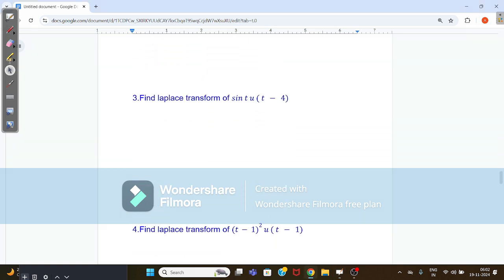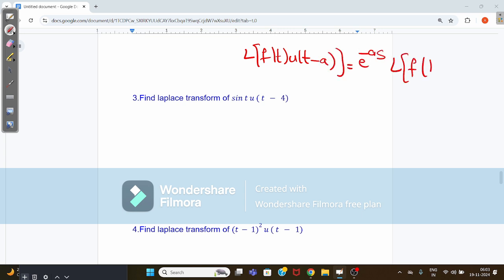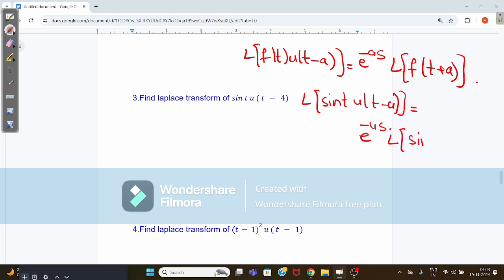Find the Laplace of sine t u of t minus 4. The formula used is L of f of t into u of t minus a, which can be written as e power minus as L of f of t plus a. So L of sine t u of t minus 4 can be written as e power minus 4s L of sine of t plus 4.